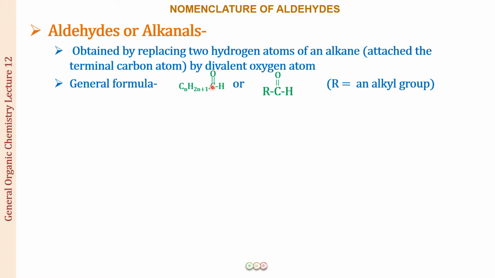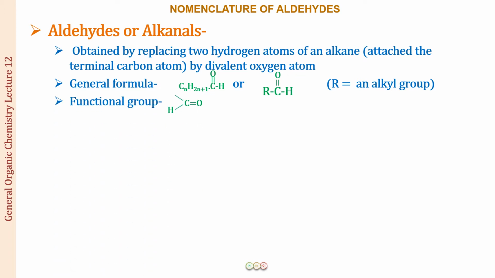So this is very important. It is not going to be on the non-terminal carbons, the carbon atoms present in between the chain. So these aldehydes are obtained by replacing two hydrogen atoms of an alkane attached to the terminal carbon atom by the divalent oxygen atom.